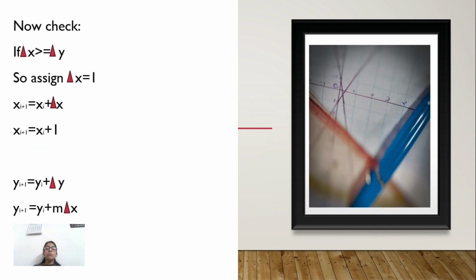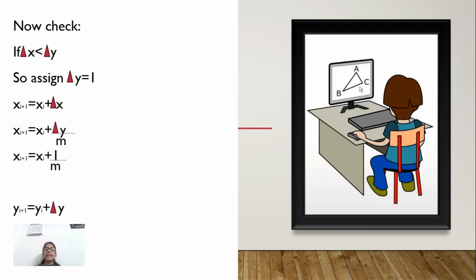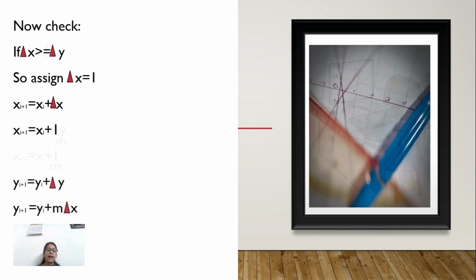Okay, now the most important step is coming. We have to check whether the value of del x is greater than or equal to del y, or the value of del y is greater than del x. Let us check that. If del x is greater than or equal to del y, we have to assign the value of del x as 1, and then xi+1 will be equal to xi + del x.